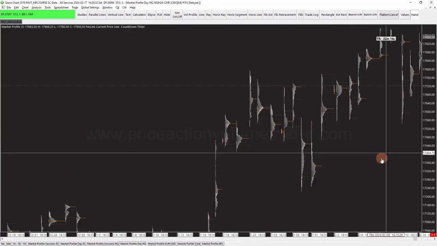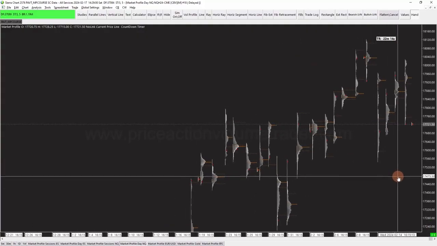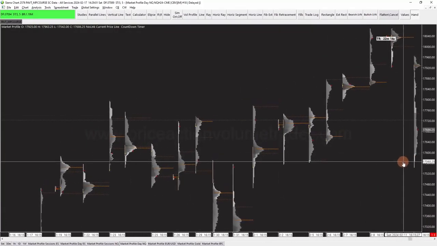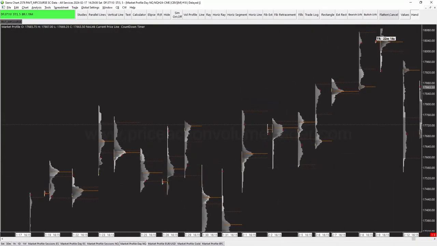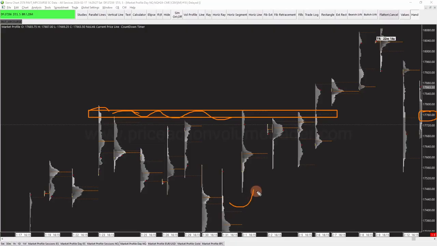Okay, and going over an example of the last rule on NASDAQ: if time and volume build up at the edge of a balance area, then we expect to see a breakout from that. We can see this here on NASDAQ, where in this case we had 1, 2, 3, 4, 5, 6 days continuously where we were trading right around the 17,760s on all the highs, and you can see how we're starting to continuously make higher lows.